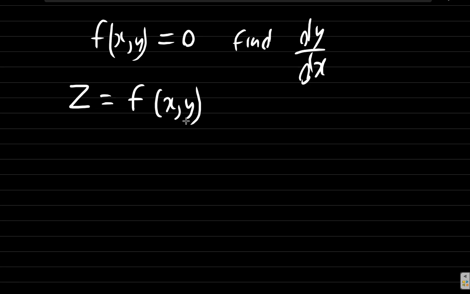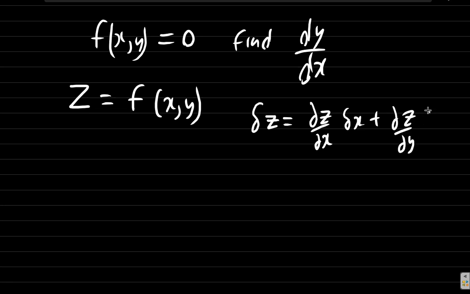Now, you might remember the general formula that we looked at in earlier videos. A small change in z is equal to the partial derivative of z with respect to x times a small change in x plus the partial derivative of z with respect to y times a small change in y.